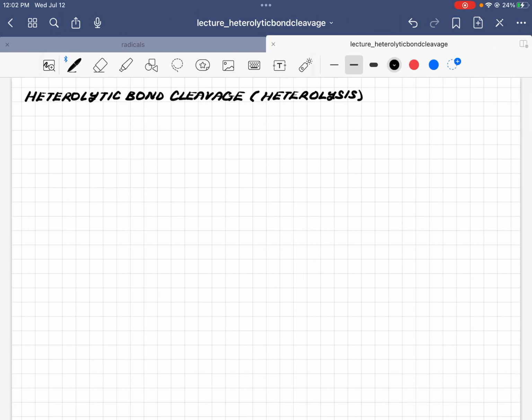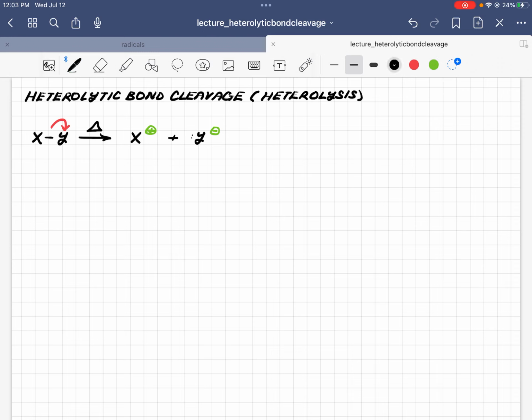And if I were to give you an example of this, we might have a neutral species, X and Y, and using heat, we have the movement of two electrons to one atom, and this forms a positively charged species plus a negatively charged species here. And these are done under heated conditions.